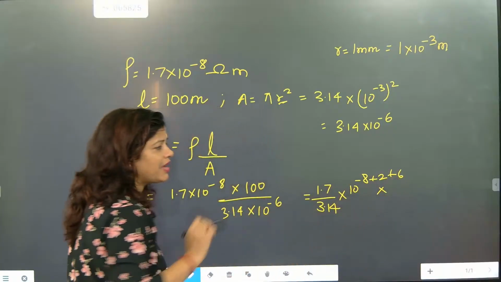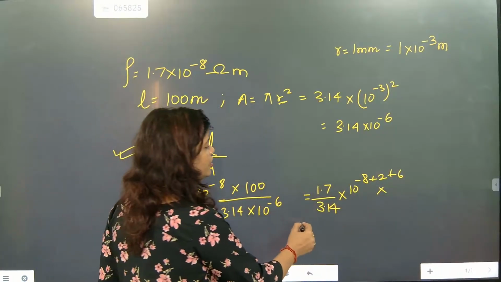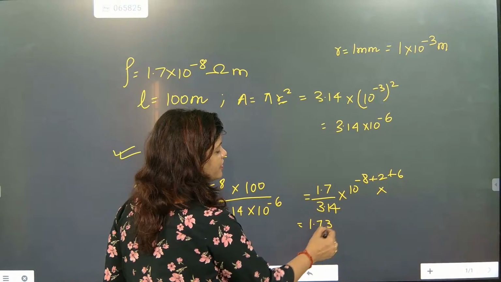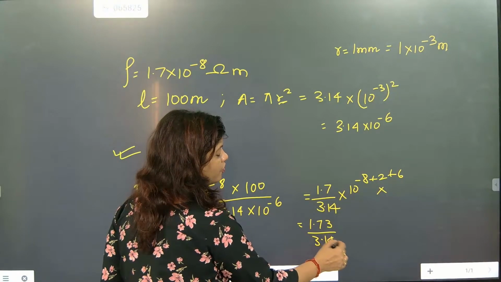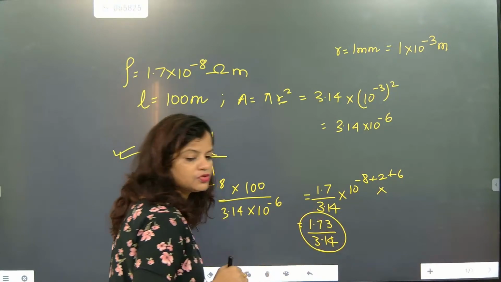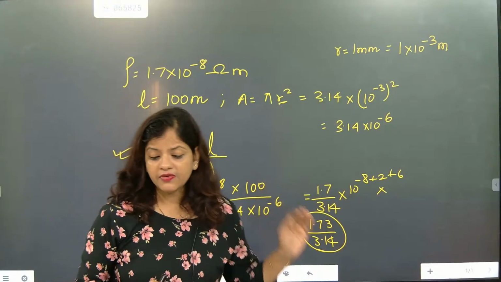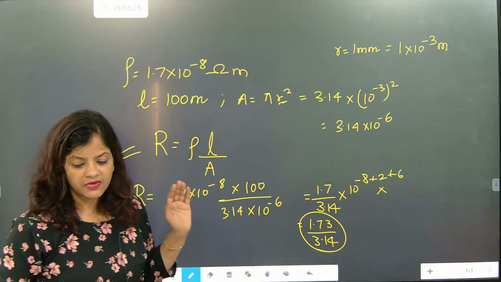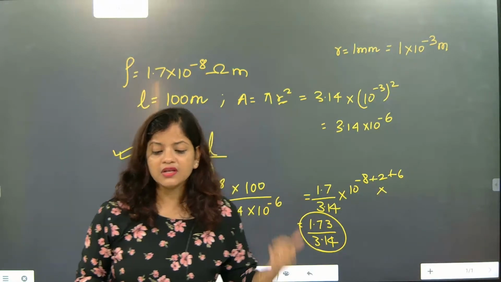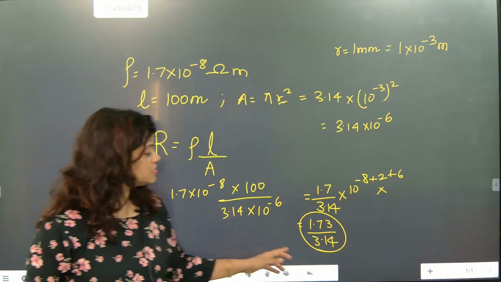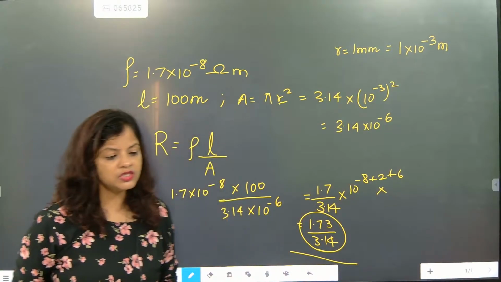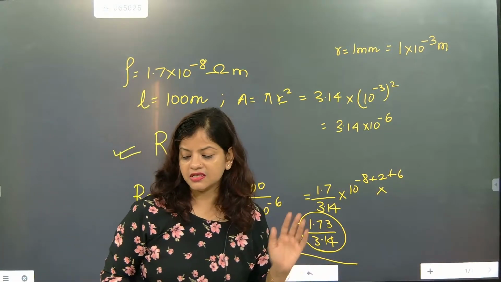So plus 8 minus 8 will cancel. Only what you need to do is 1.7 by 3.14. Whatever value comes, we need to solve it, and it will give you the resistance. Understood? So this is exactly the formula through which we find the resistance.